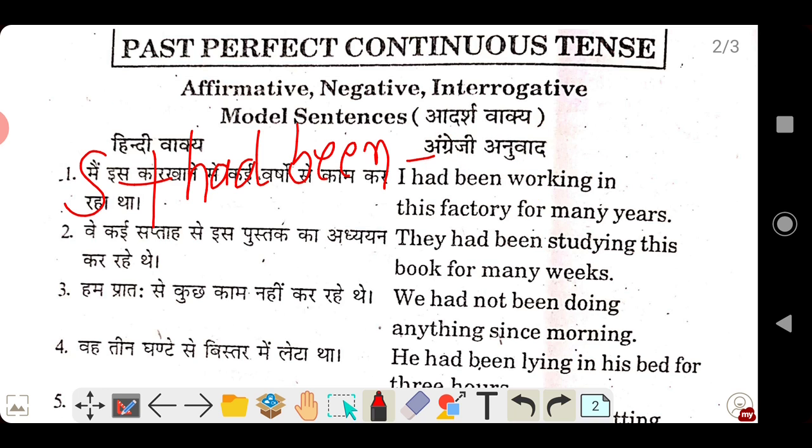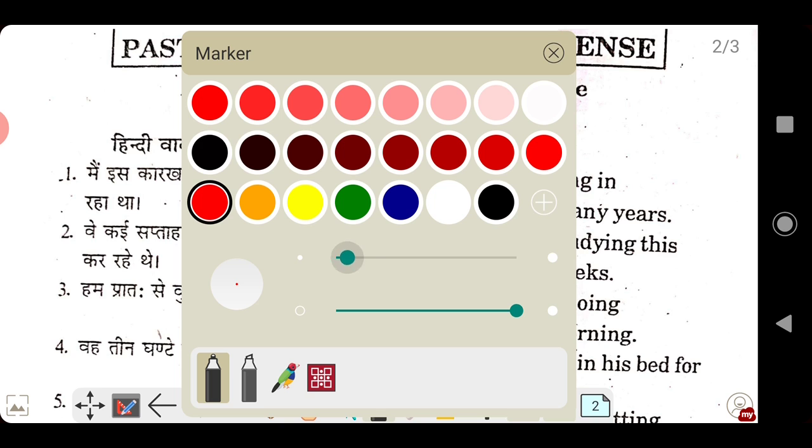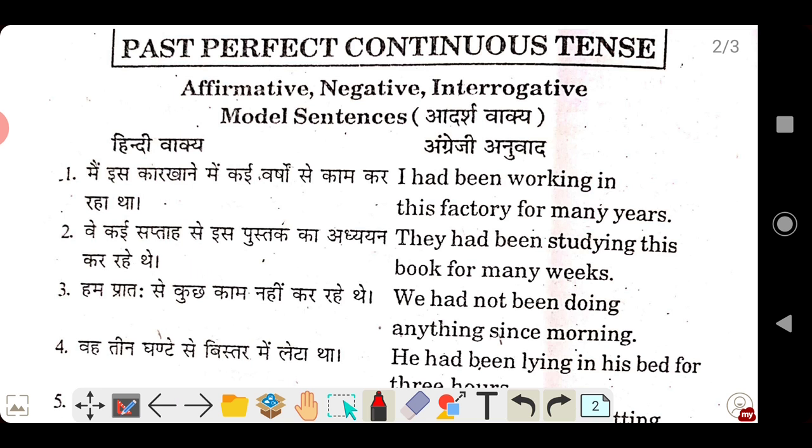Now it's time to bring some useful sentences for you. The first sentence is: I had been working in this factory for many years. Here I is the subject, and I have to use had been, then working is the verb first form plus ing. Where were you working?